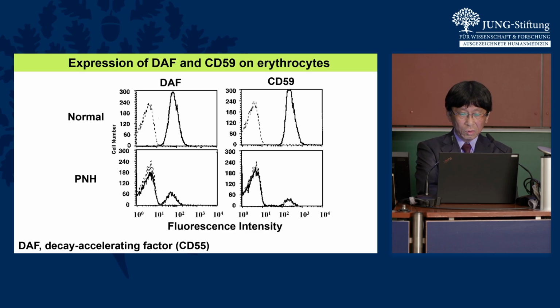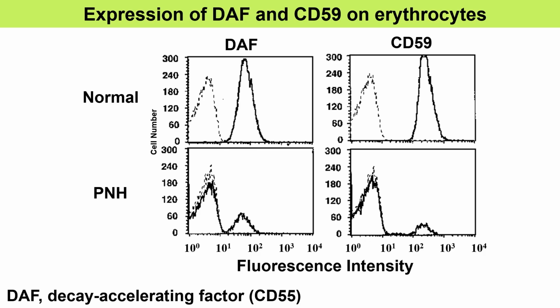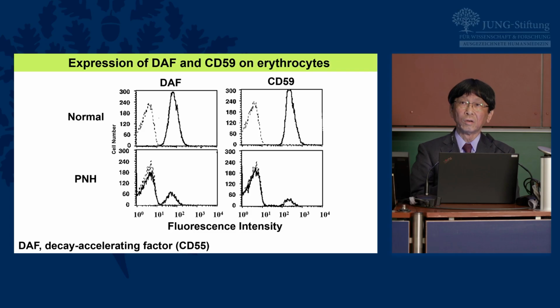One is a normal population expressing DAF and CD59. The other is the abnormal clonal population deficient in both DAF and CD59. And these large abnormal clonal cells are highly sensitive to complement, and they are hemolyzed by their own complement.